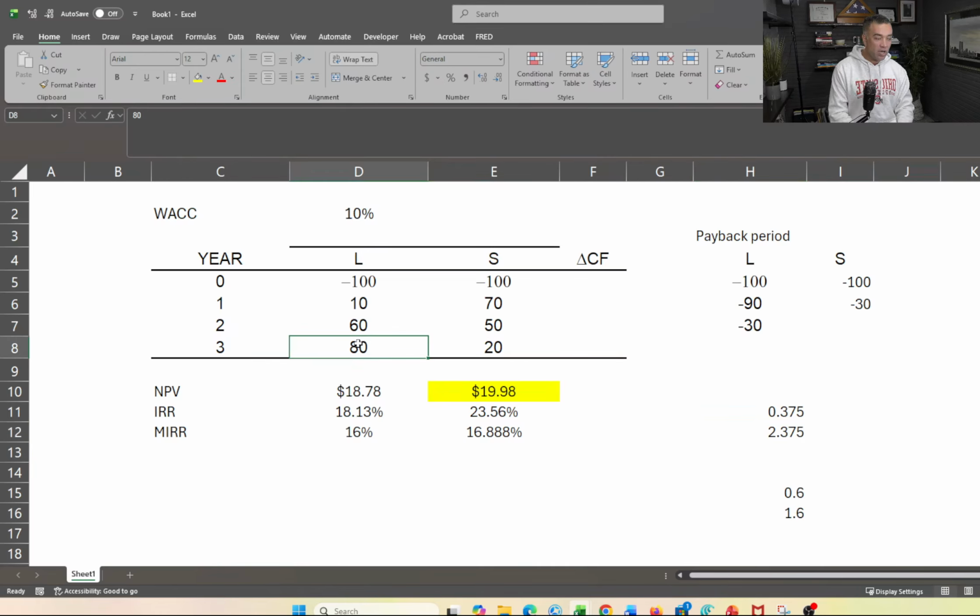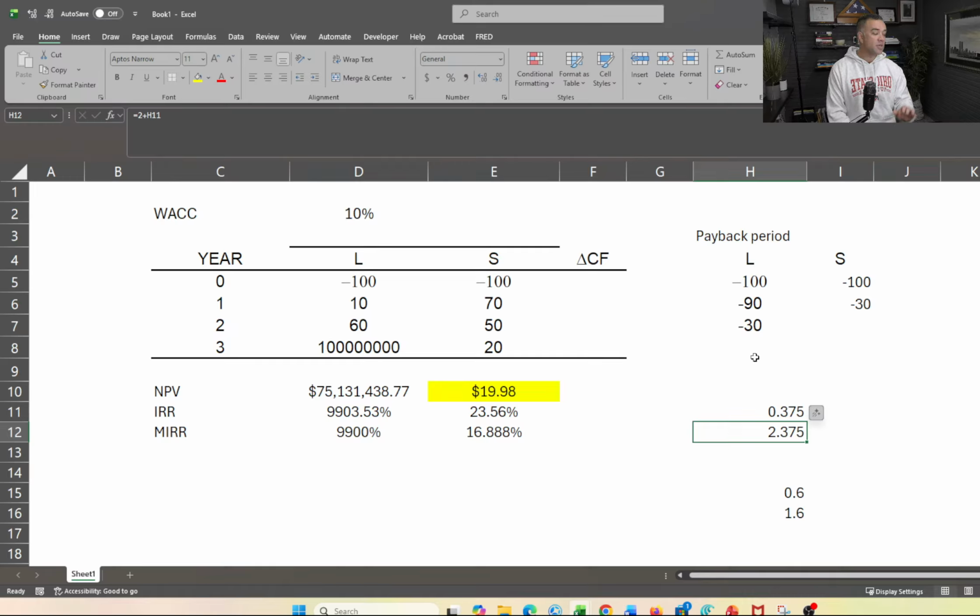What if in the 3rd year, we got a massive cash flow? Well, look at all that money we're making in the 3rd year. But if my criteria is I have to pay it back within 2 years, it's going to take me 2.35 years, so I would reject it and ignore that massive cash flow in time 3.